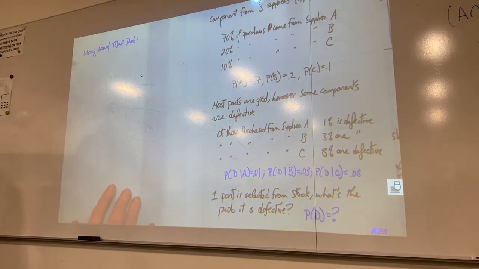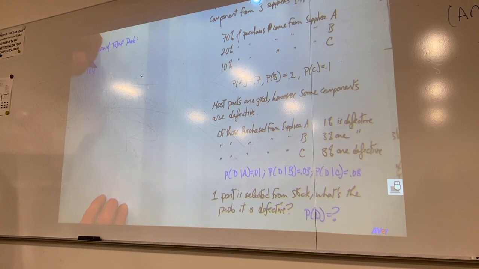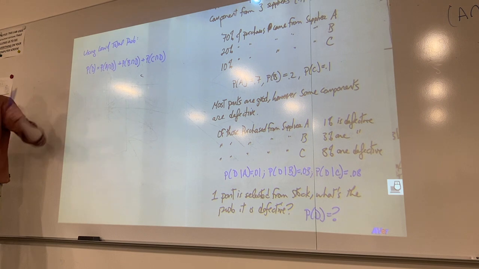But first off, seeing what's happening here, the probability of D, looking at those defective parts, is the probability that it came from supplier A and it's defective, or it came from supplier B and it's defective, or it came from supplier C and it's defective, right? And why am I just adding those up? Because they're disjoint.